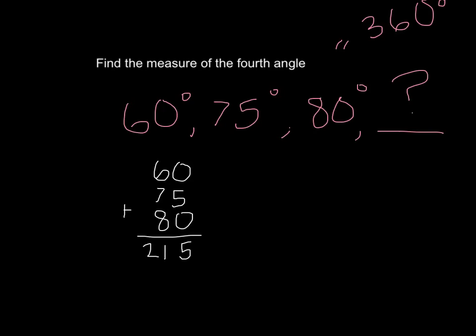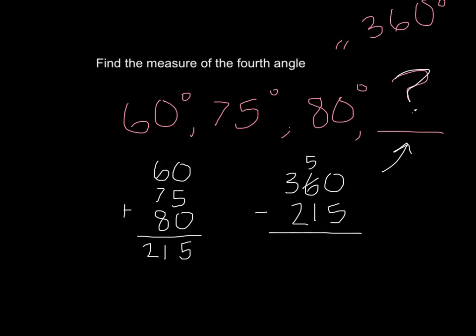Now I know whatever number ends up in this missing fourth angle has to make up the difference. So I'm going to take this 360 degrees and subtract 215 from it to figure out what is going to go in this box right here. And I need to make sure that I subtract well.